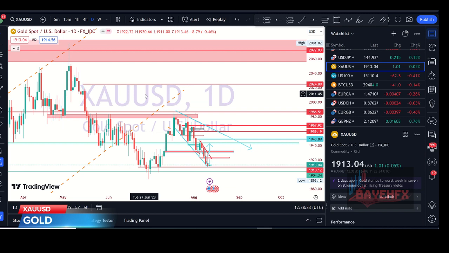But for more confirmation, the dollar index needs to break out of that particular bearish channel. That bearish channel is what we call a bullish asset, a descending triangle on the US dollar, signaling the US dollar to become very strong once we get a breakout to the upside. If it breaks out, it's going to correlate with the movement we have been seeing on gold.